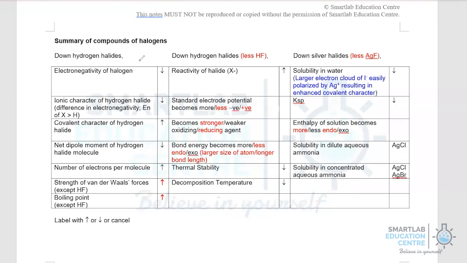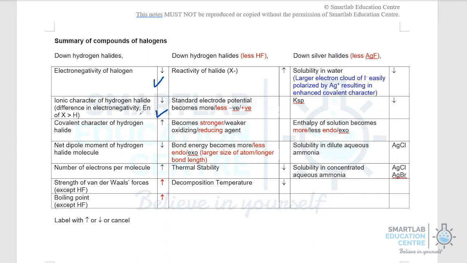Finally, let us take a look at the hydrogen halides. So we're comparing HCl to HBr and then to HI. So certainly Cl has got the highest electronegativity, and therefore the difference in electronegativity between H and Cl is significantly larger relative to that of H and Br and then H and I. So because the difference in electronegativity decreases, the ionic character of the hydrogen halide decreases as well.